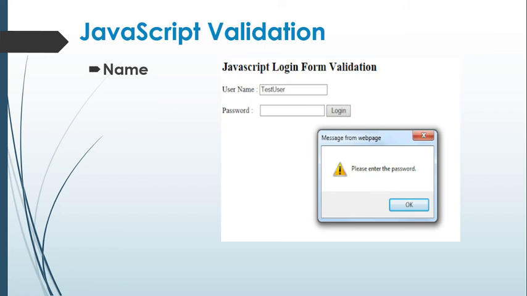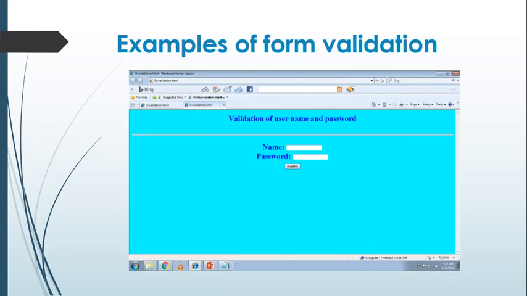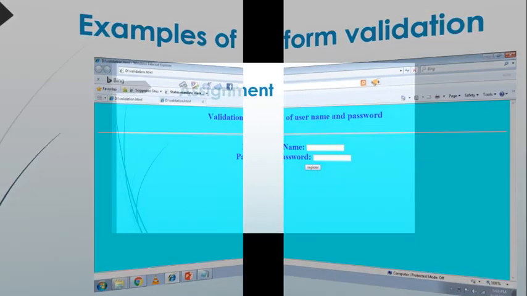If your name is filled but the password field is blank, then it gives the message enter the password with 6 digits. If you write both the name and the password properly, then you will get the message data submitted successfully. So this is an example of form validation, and the output of this screen is the validation of the username and password fields. So these are the various examples of JavaScript.